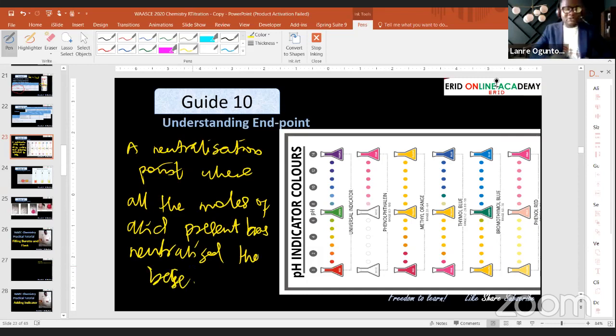It's the point where all the moles of acid present neutralize the base. That is your endpoint.